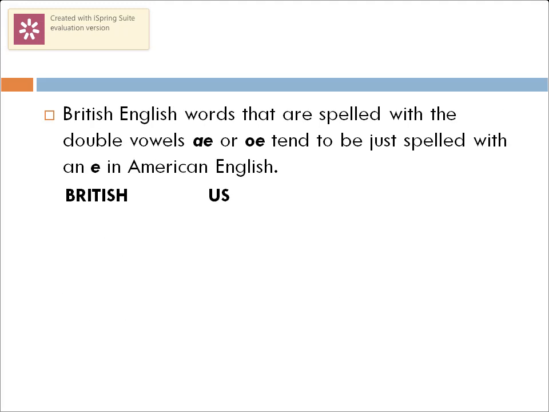British English words that are spelled with double vowels, basically words which have been derived from French sources, like AE or OE, tend to be spelled with just an E in American English.